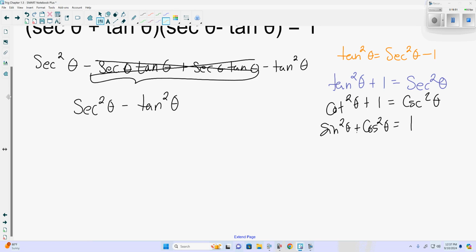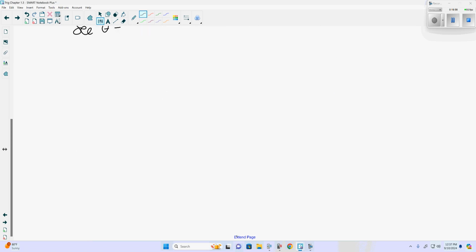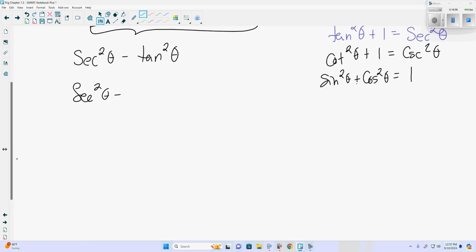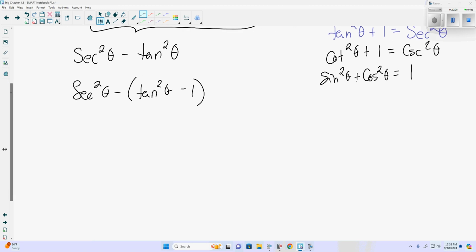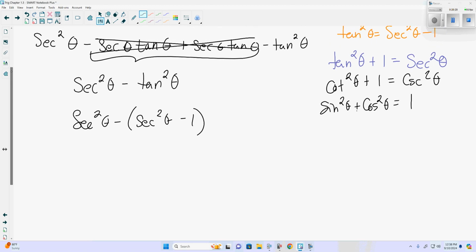Over here, secant squared of theta minus, I can replace tangent squared of theta with secant squared of theta minus 1. Because all we did was take tangent squared plus 1, subtract 1 from both sides, and I can replace tangent squared.